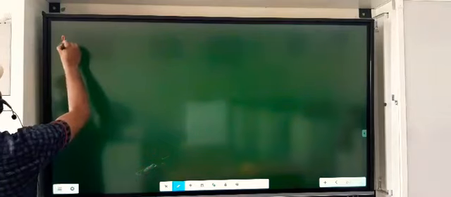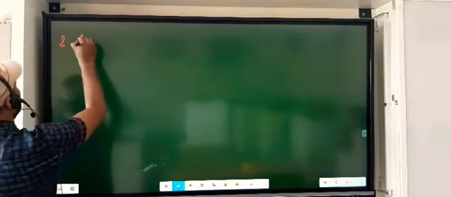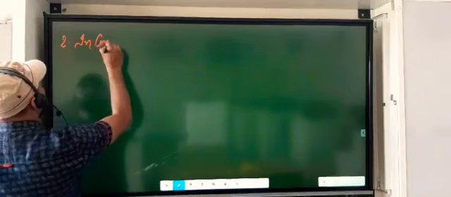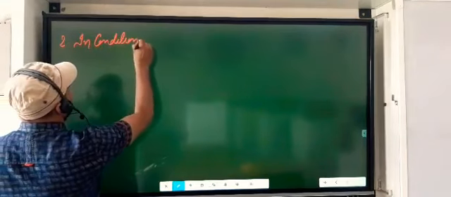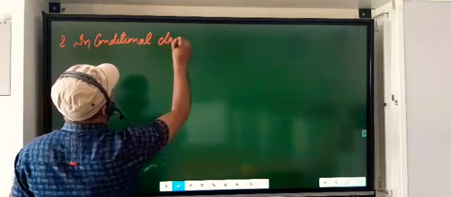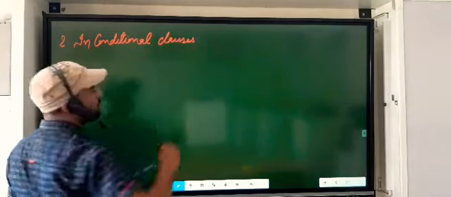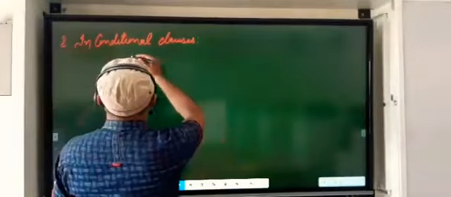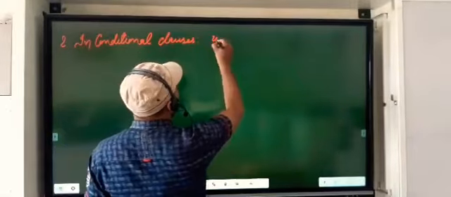Second use, in conditional clauses. Here the same rule is also applicable, just like the time clause. How will you find out it is a conditional clause?